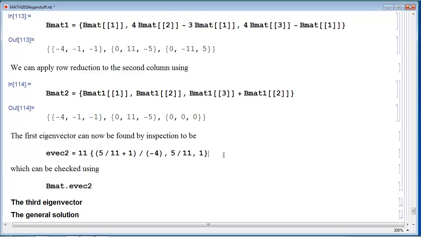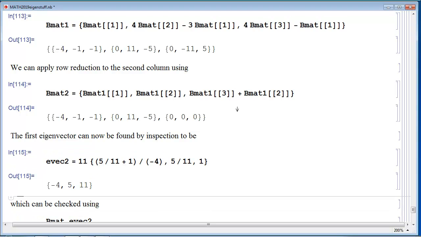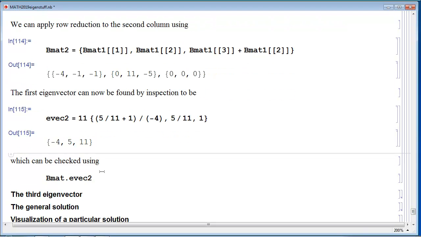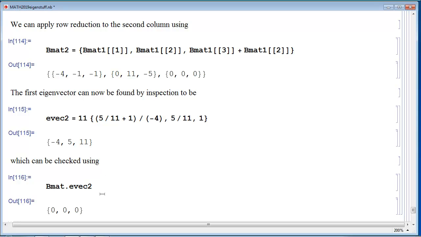So we do that and multiply the whole thing by 11 to get rid of all the fractions, and check that we have indeed found an eigenvector by multiplying it by the matrix, and we can see that the result is indeed 0.